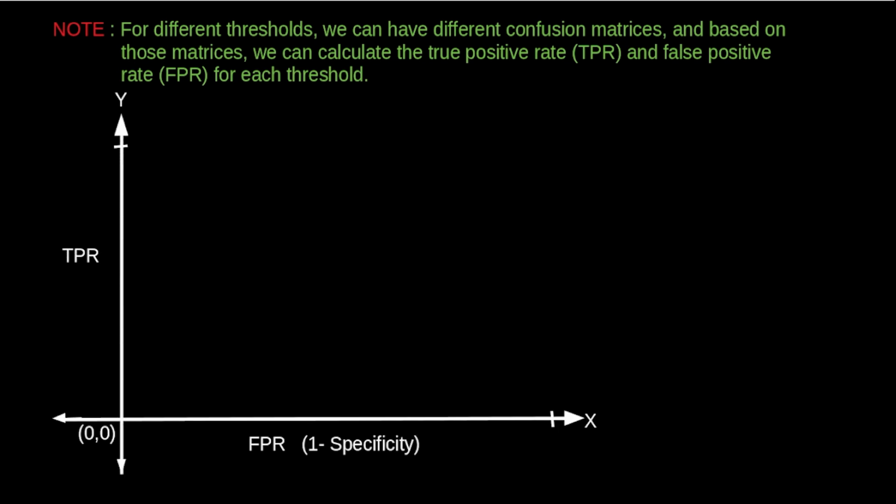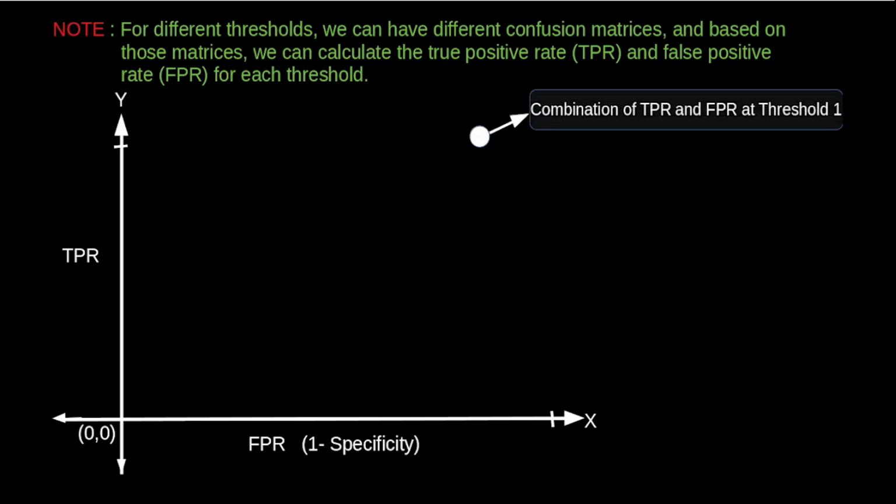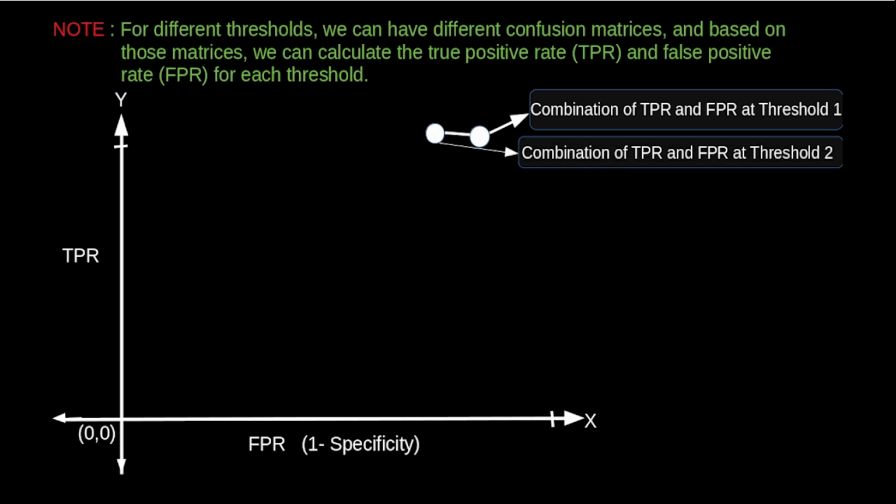ROC curve consists of false positive rate on the x-axis and true positive rate on the y-axis. This is the first point on the ROC curve. It is a combination of true positive rate and false positive rate at threshold 1. This is the second point, and it is a combination of true positive rate and false positive rate at threshold 2.